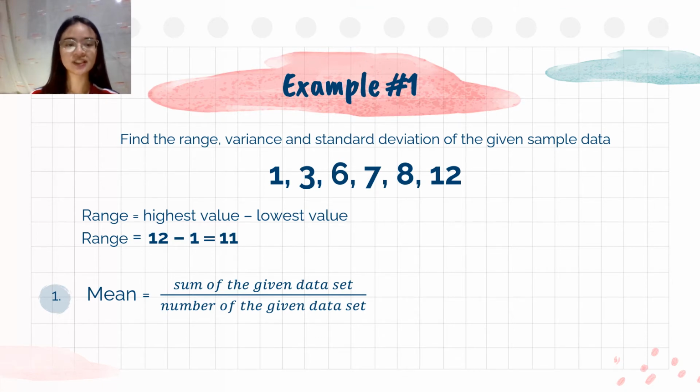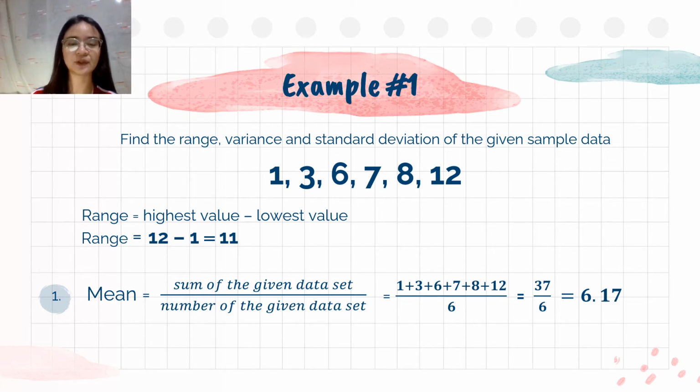First procedure is to find the mean. Mean is equal to the sum of the given data set over the number of the given data set. 1 plus 3 plus 6 plus 7 plus 8 plus 12 is equal to 37. 6 is from the number of the given sample data, which is 1, 3, 6, 7, 8, and 12.